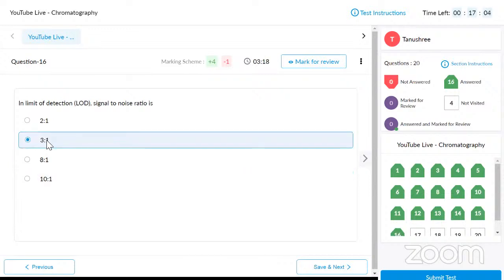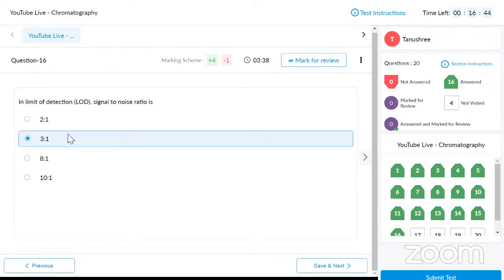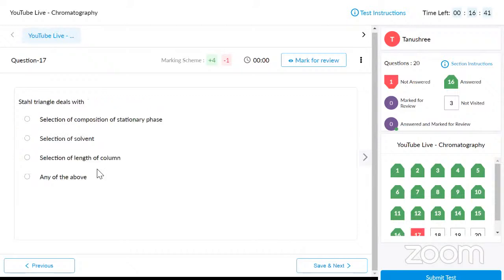So our answer is 3:1 because the concentration has to be thrice the signal noise of the baseline. The signal noise will usually be in the ratio of 1, and 3 times that signal noise should be the signal of our sample. Then only will it fall under the category of LOD. So that's our answer. Let us proceed.